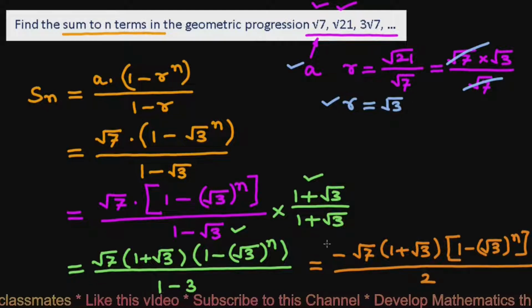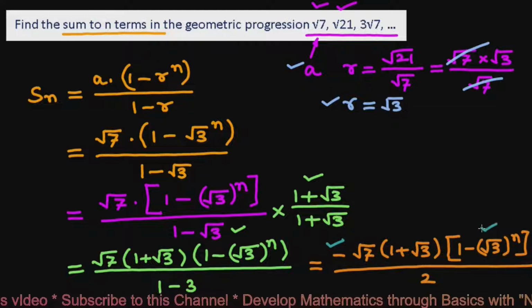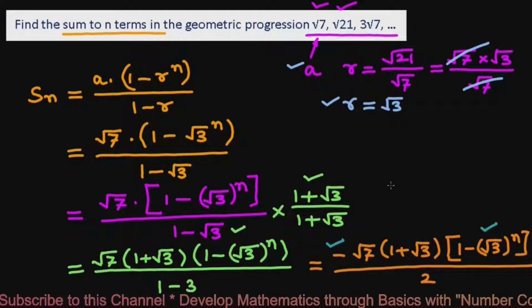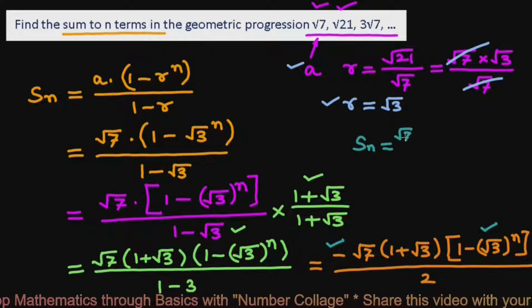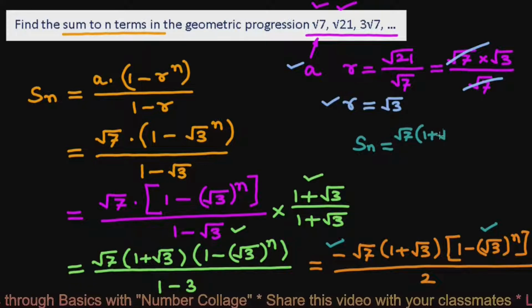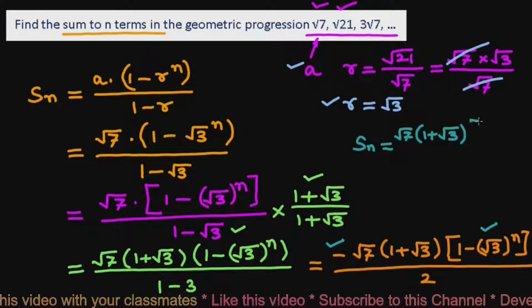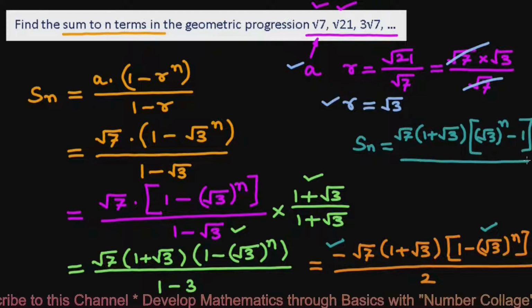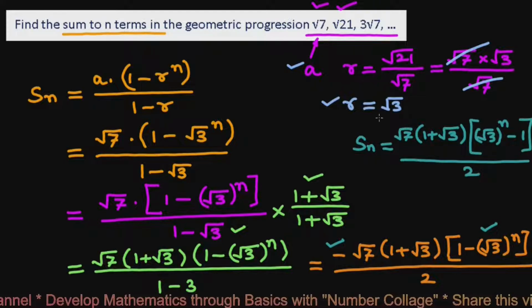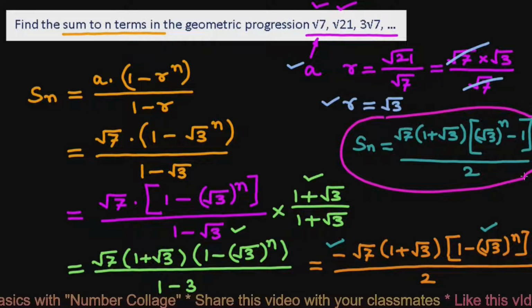For removing this minus sign, we will write the terms in this square bracket in the reverse order, so that the sum Sn of this GP will be root 7 multiplied by 1 plus root 3, and we write this bracket in reverse order, so that will be first root 3 power n minus 1, upon 2. So finally this will be the sum of first n terms of GP.